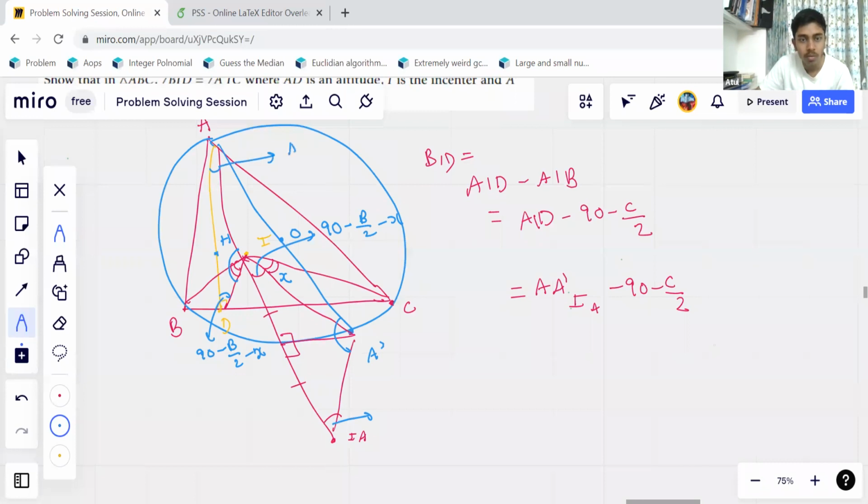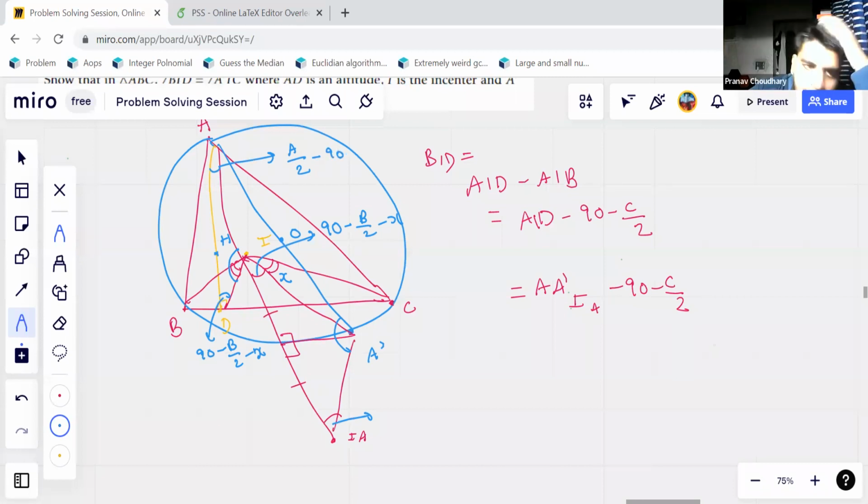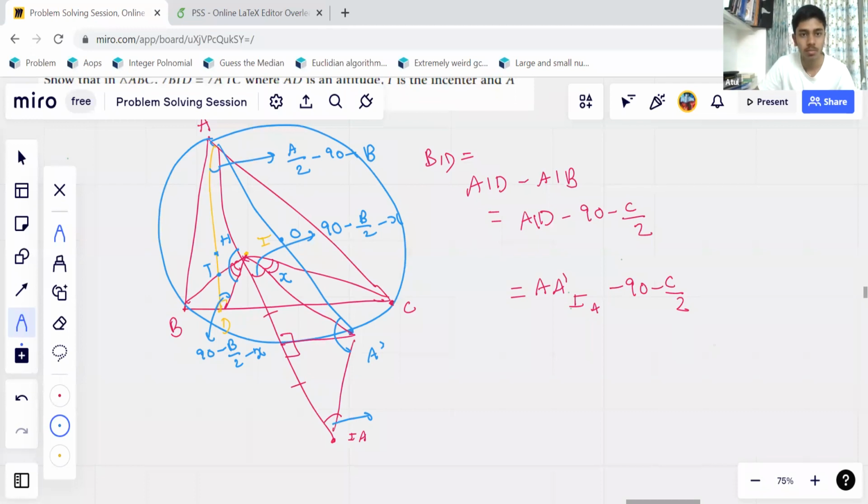Oh, we are done. Let IB intersect AD at T, then we know angle ITD. We are done anyway, right? Because we know AID and we know AIB. It has to work out. But what is it?